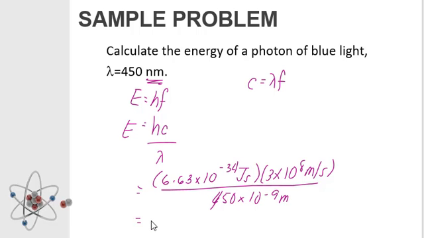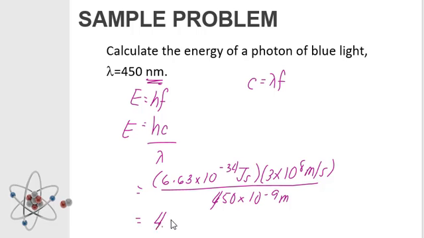So that will be the energy. It's equivalent to 6.63 times 10 to negative 34 times 3 times 10 to the 8 divided by 450 times 10 to negative 9.